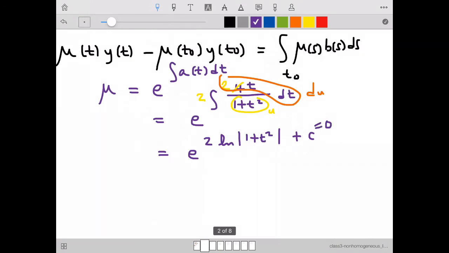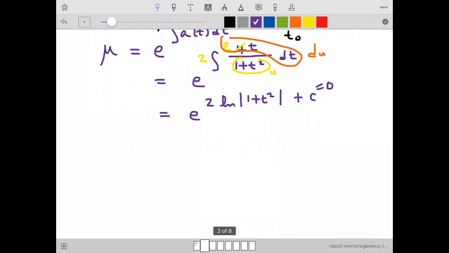For convenience, we can take c as 0 because I want one particular function mu. So then I can give this as a power, squared. Then e and ln disappear, so we get 1 plus t squared, quantity squared. That's mu.